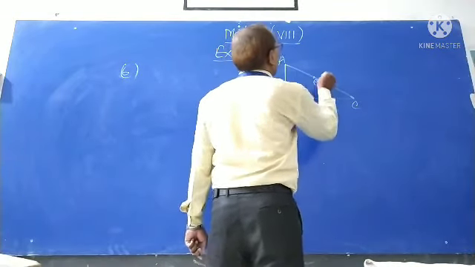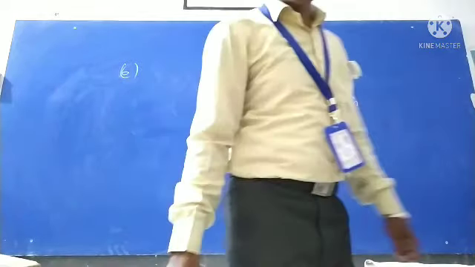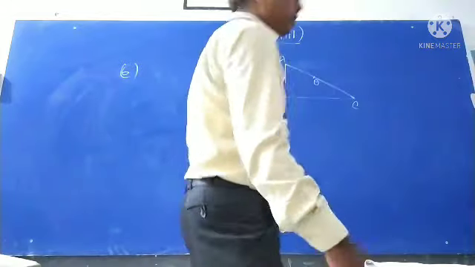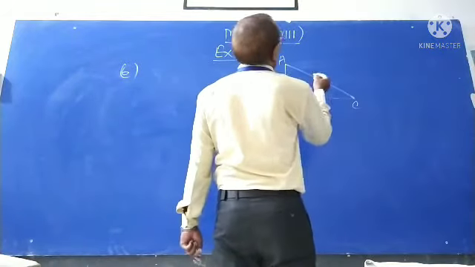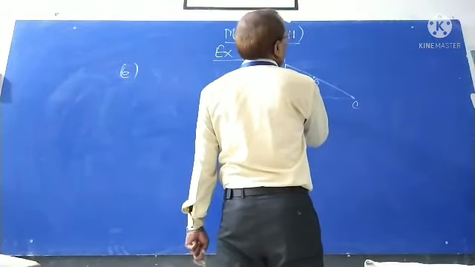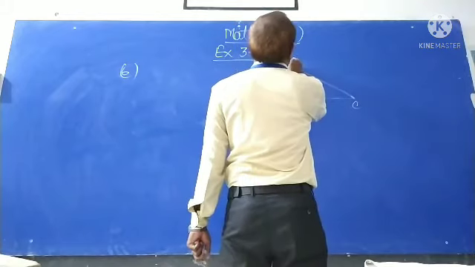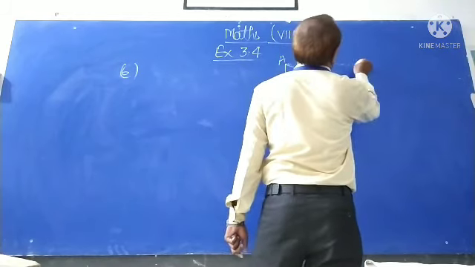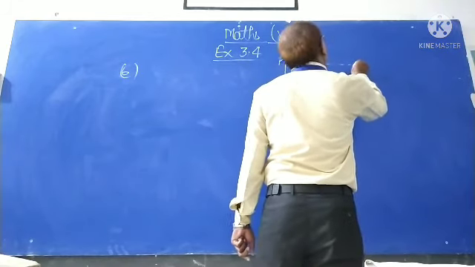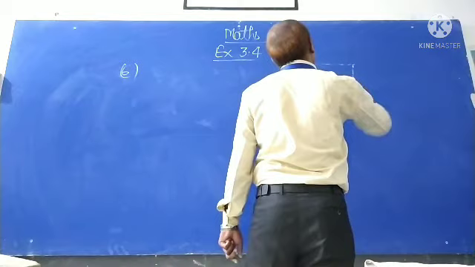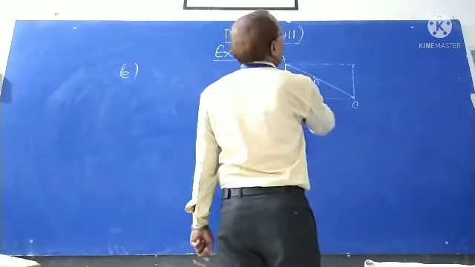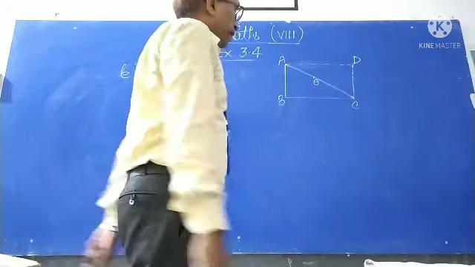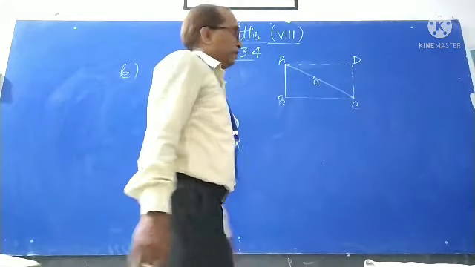Then draw AD parallel and equal to BC, and then draw AB parallel and equal to DC.